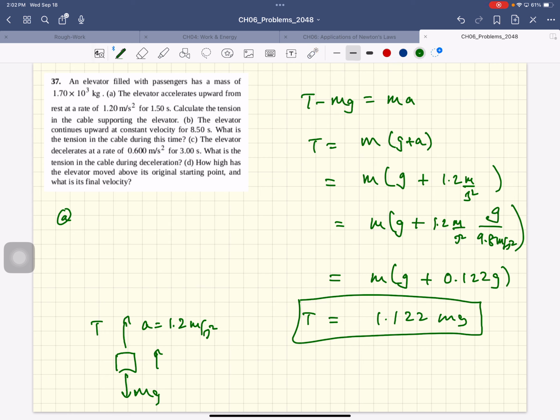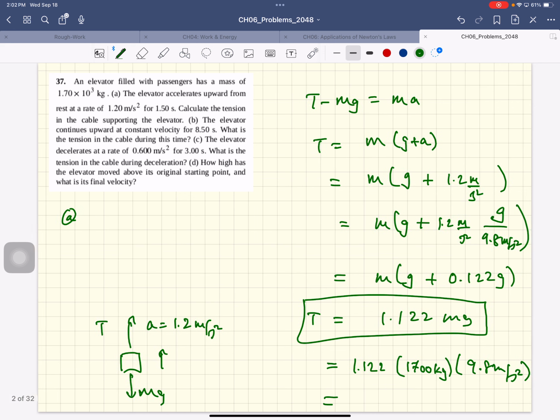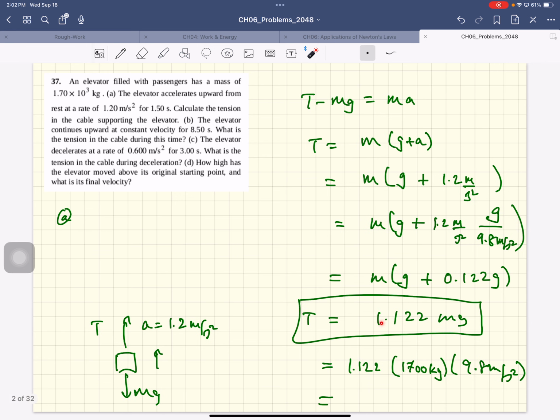Now if you want, you can do the numbers, with 1,700 kgs. That's the tension, and that number will mean nothing to you. What is more meaningful is that the tension is 12% greater than the weight.